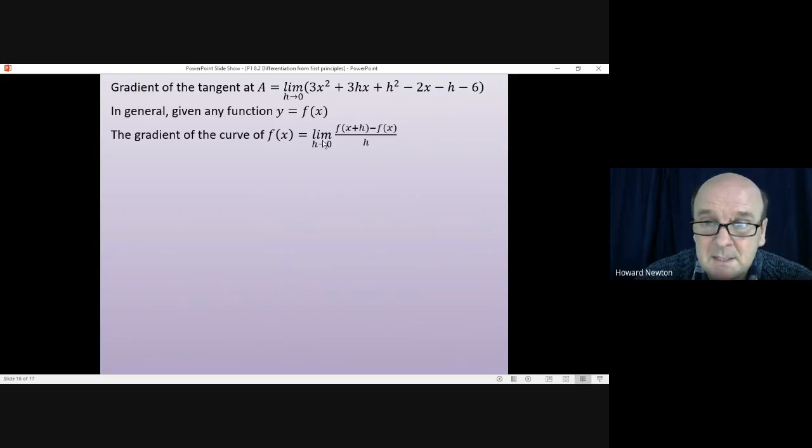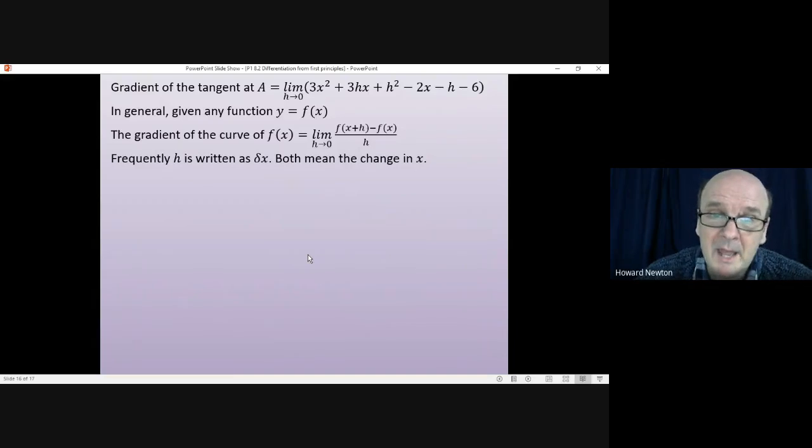It's the limit as h tends towards 0 of the value of the function at x plus h, that was like y1 in the example we just did, take away the value of the function at x, that's y in the example that we just did, and you divide that by h. So the gradient of the curve will be the limit of this expression.